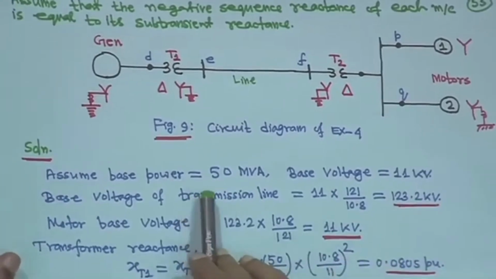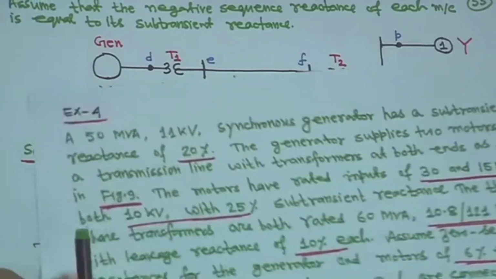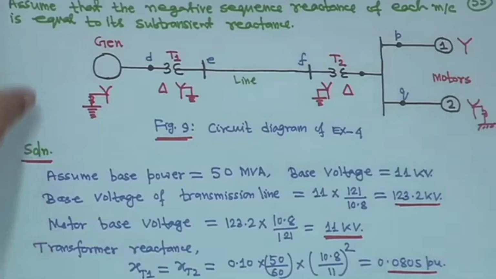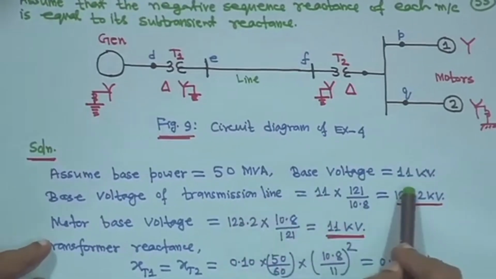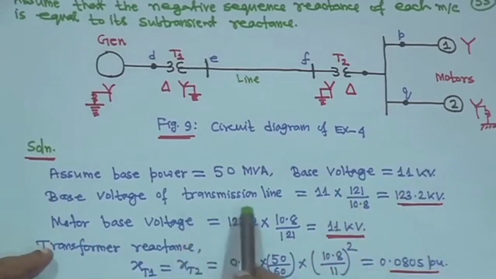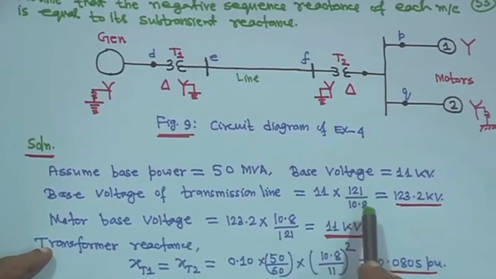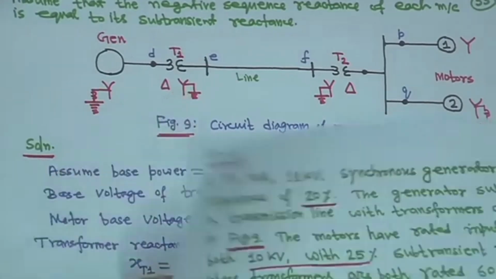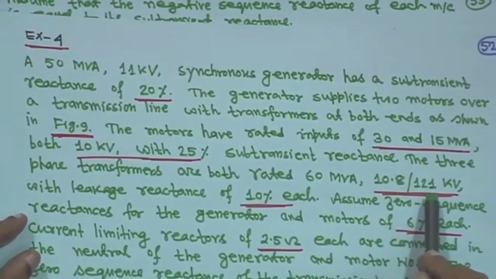So, assume base power is equal to 50 MVA and base voltage 11 kV, because the generator is given as 50 MVA, 11 kV. So, we are assuming base power 50 MVA and base voltage 11 kV, right. Now, the base voltage of the transmission line will be 11 into 121 by 10.8 kV, because this transformer is rated 10.8 by 121 kV.